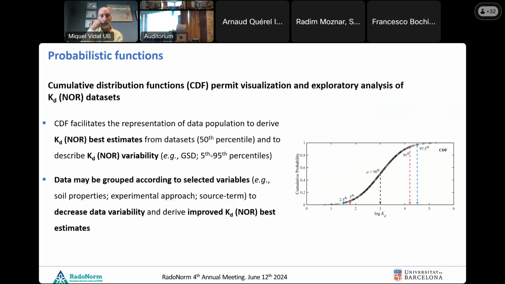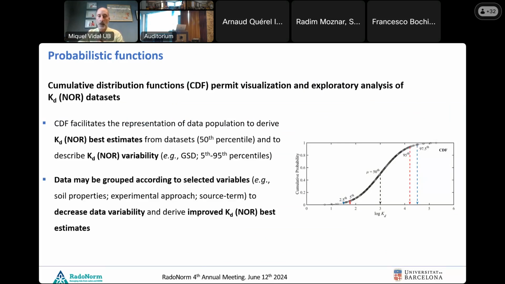Probabilistic functions based on cumulative distribution functions, CDFs, permit the visualization and exploratory analysis of data sets. For one side, for the 50th percentile, we may derive a best estimate of the KD, and we may also have some information on variability by, for instance, comparing the 5th and the 95th percentiles.